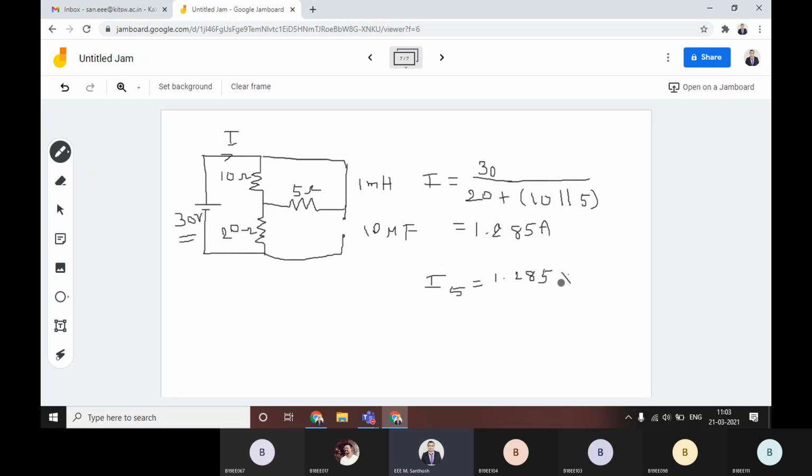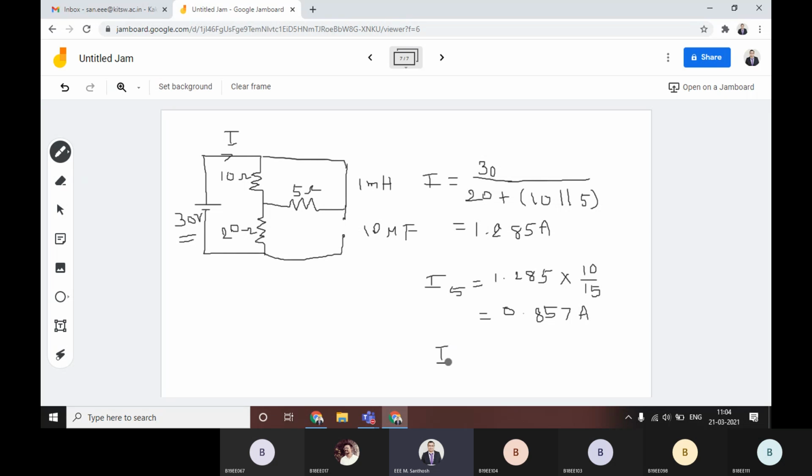It is a parallel circuit, so you take the opposite resistance, that is 10, divided by the total resistance, which is 5 plus 10, equal to 15. The current through this 5 ohm you will get is 0.857 ampere. As simple as that.